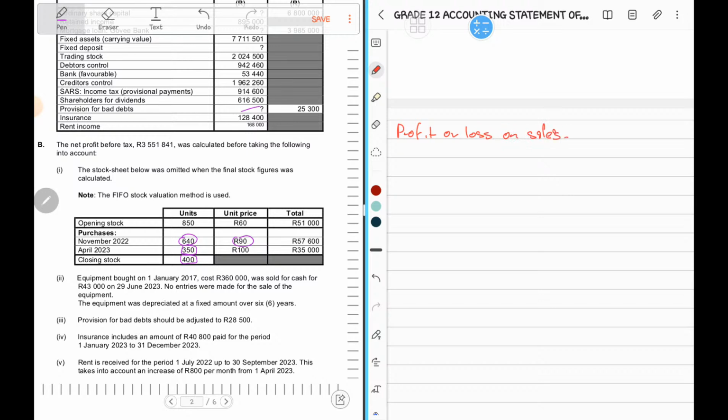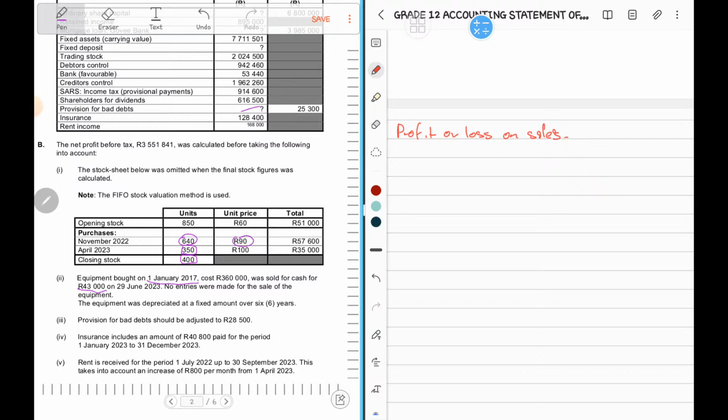on sale. Okay, so here one thing that we have to consider is the fact that the equipment was purchased on the 1st of January 2017, and we're also being told that the cost is 360,000. Then we're being told that it was sold for cash for 43,000.